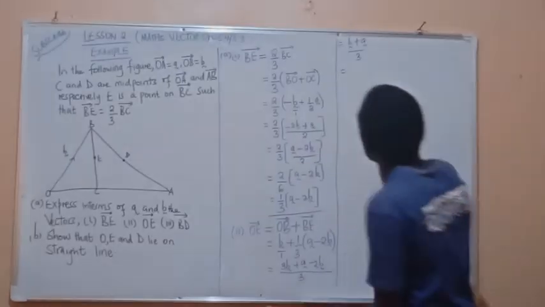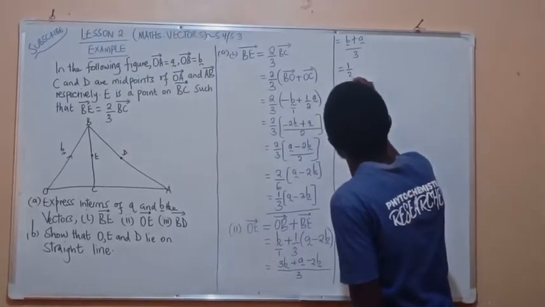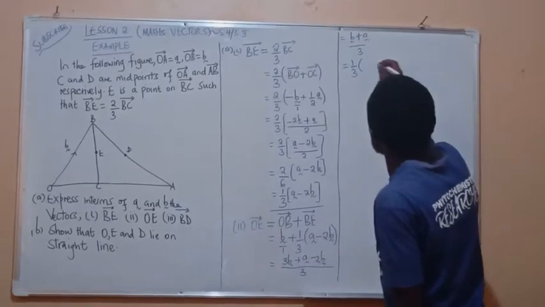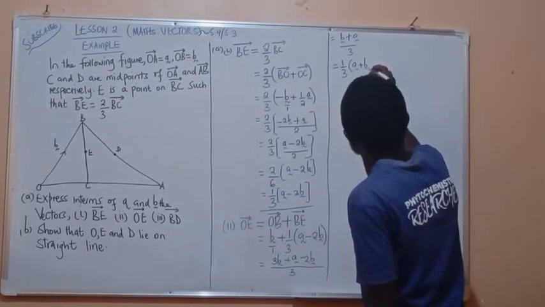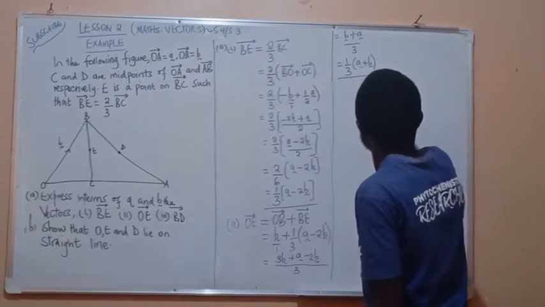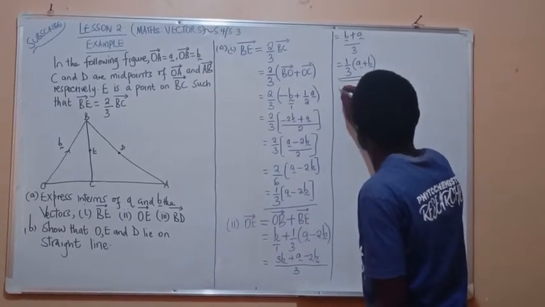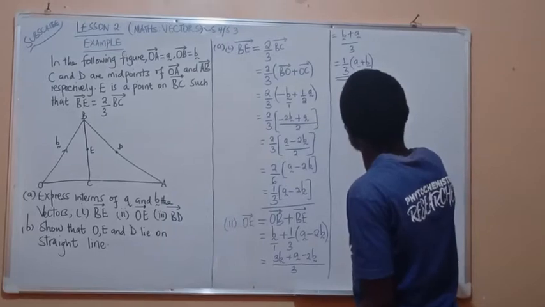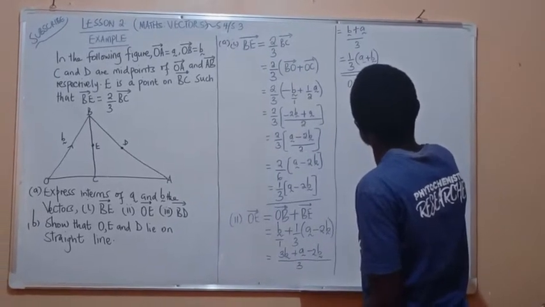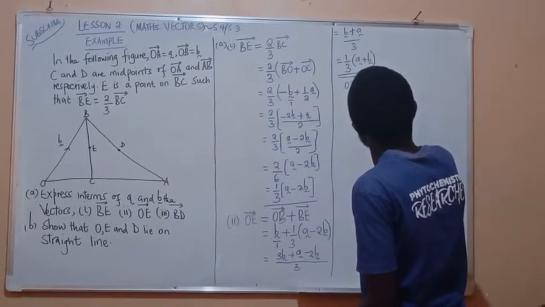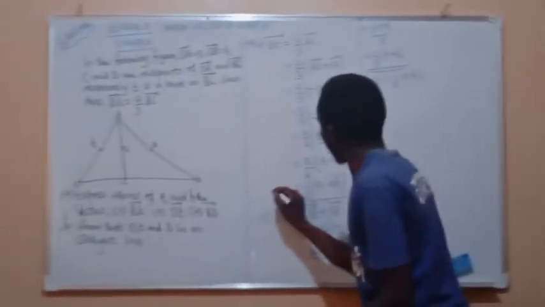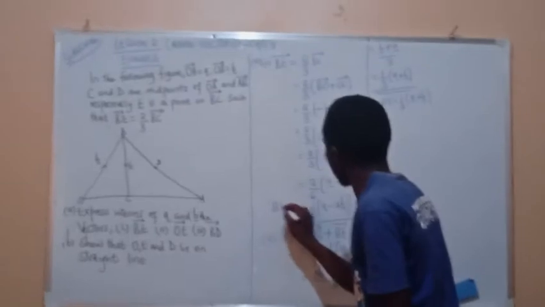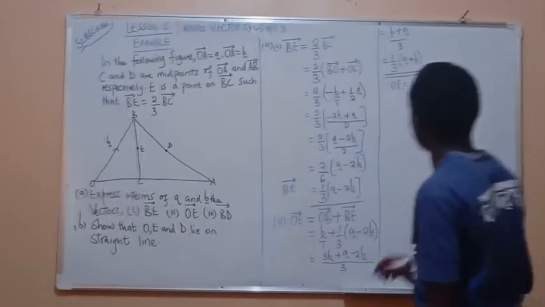So it is a third of the upper thing, which upper thing can be written as a plus b. So this is my, one can say maybe therefore OE is equal to a third into a plus vector b. Here one could have said that maybe BE is equal to that.